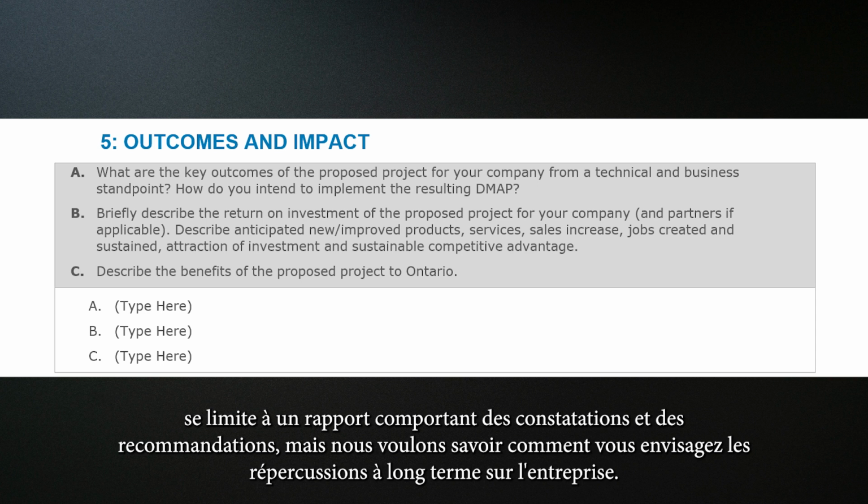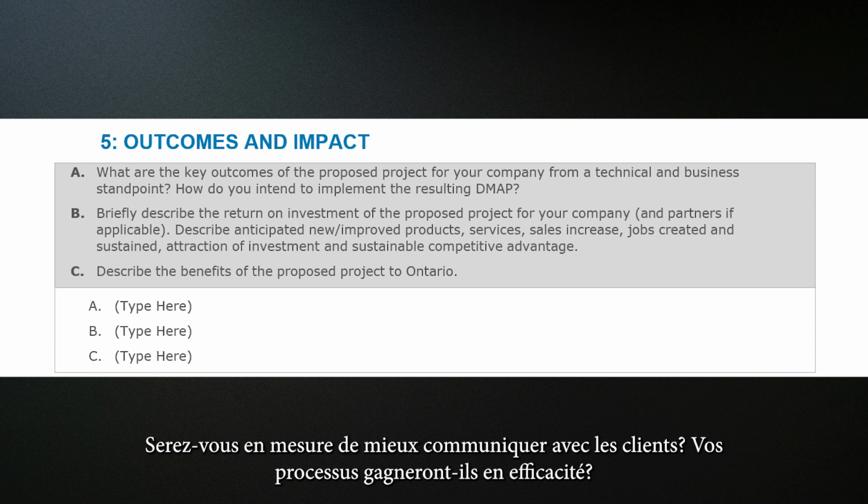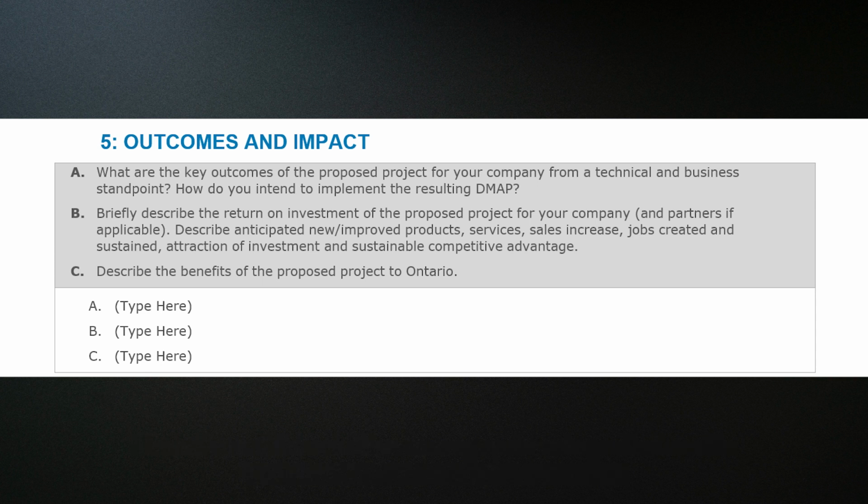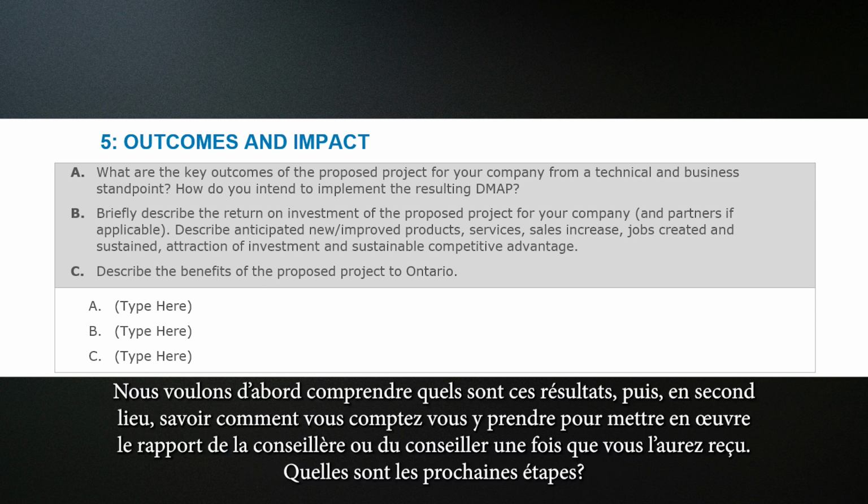But we want to understand, what do you think will be the impacts on the company in the long term? Will you be able to communicate better with customers? Will you find efficiencies in your processes? If you're a manufacturer, will you be able to produce more, have more throughput, reduce costs? We want to understand what those outcomes are.